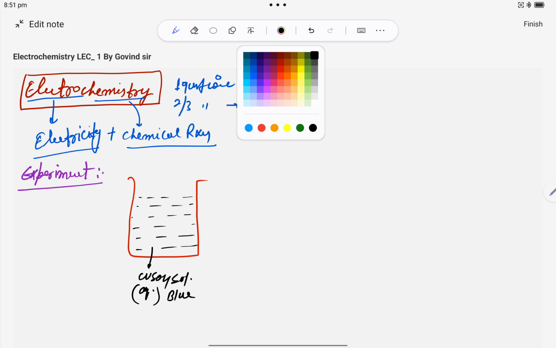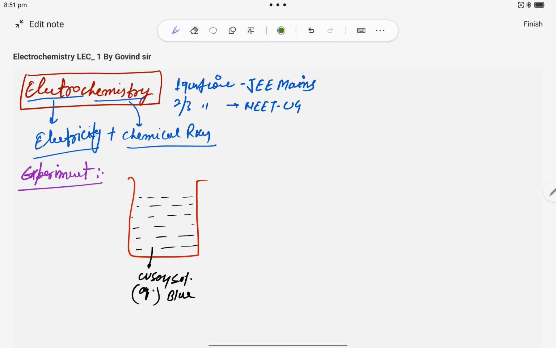Then in this solution we are placing one zinc metal rod, and one thermometer is placed.